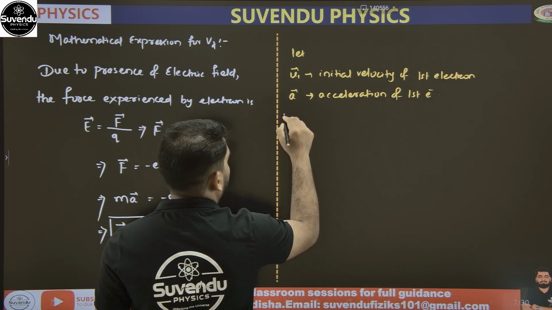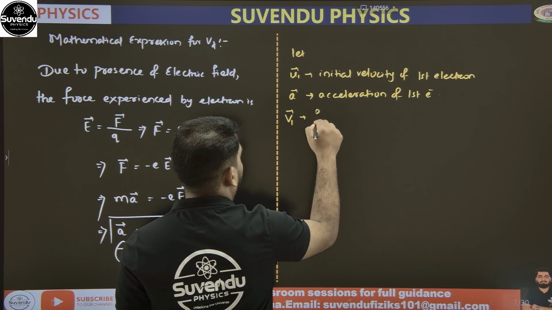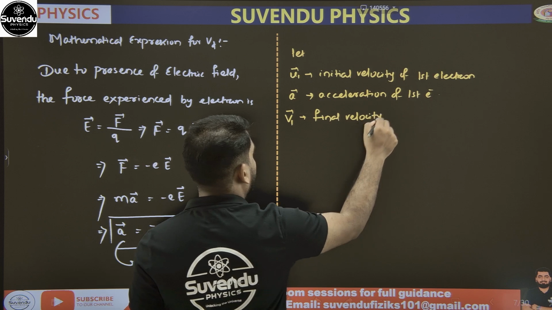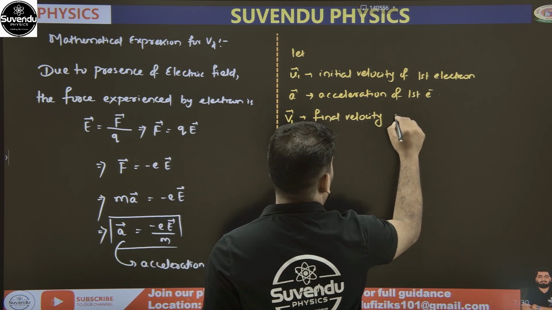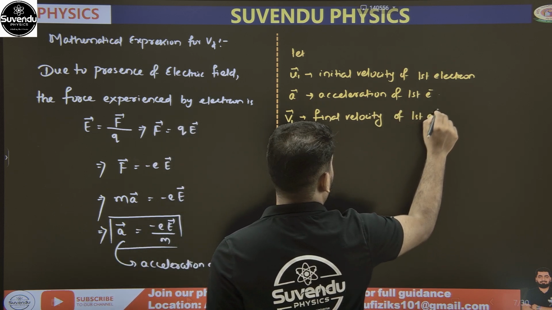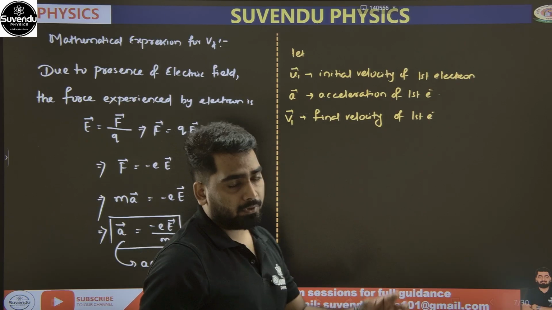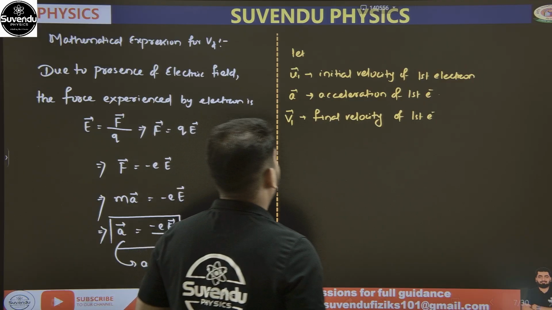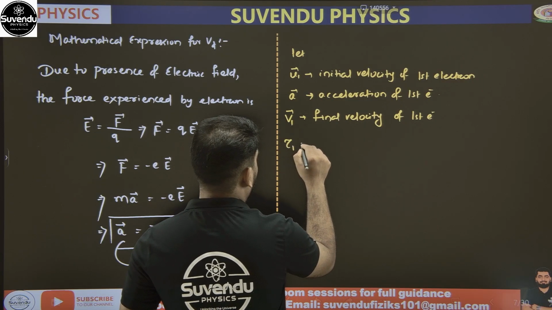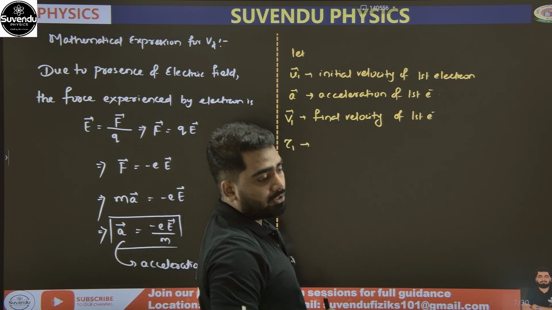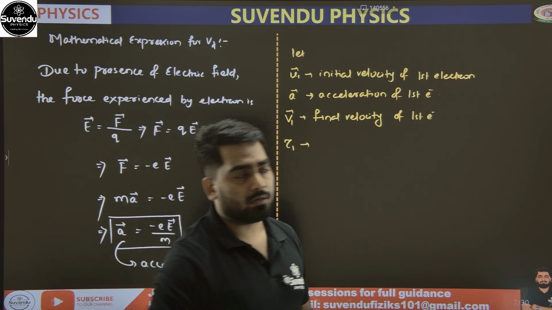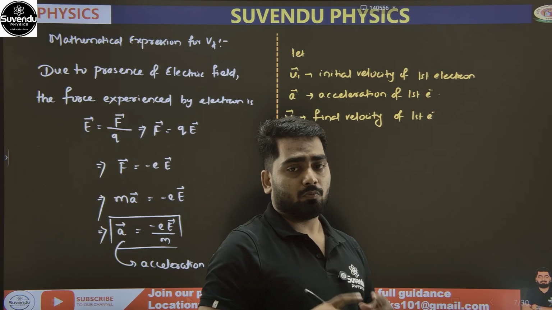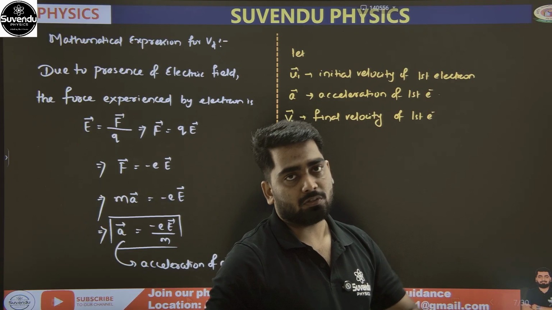Next, let V1 be the final velocity of the first electron. We also have to think after what time the velocity becomes V1 vector. Let tau1 be the time interval for the motion of the electron between one collision and its next collision.